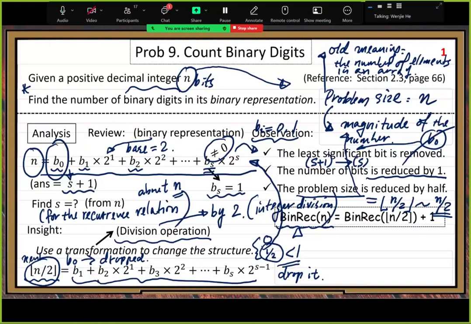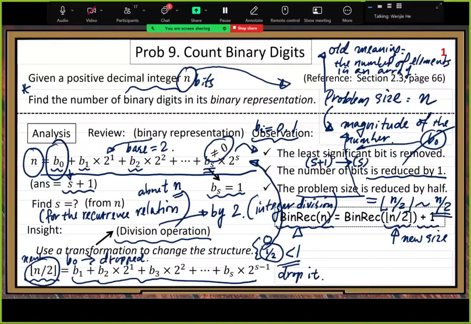So the left-hand side of the function means the bits in the binary representation for a given number n. The right-hand side: because the problem size is reduced to floor of n over 2, we apply the same function, but with the new problem size.